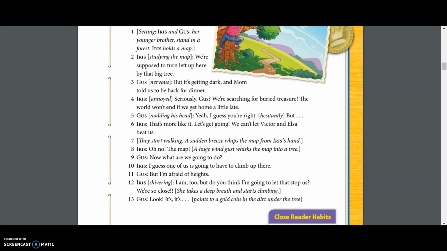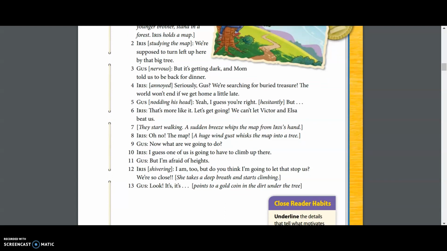They start walking. A sudden breeze whips the map from Iris's hand. Iris: Oh no, the map! A huge wind gust whisks the map into a tree. Gus: Now what are we going to do? Iris: I guess one of us is going to have to climb up there. Gus: But I'm afraid of heights.